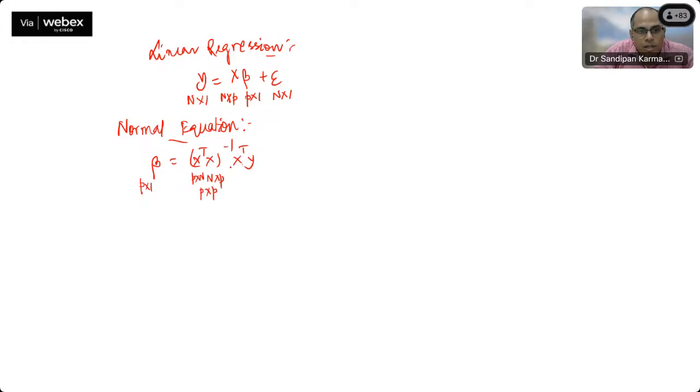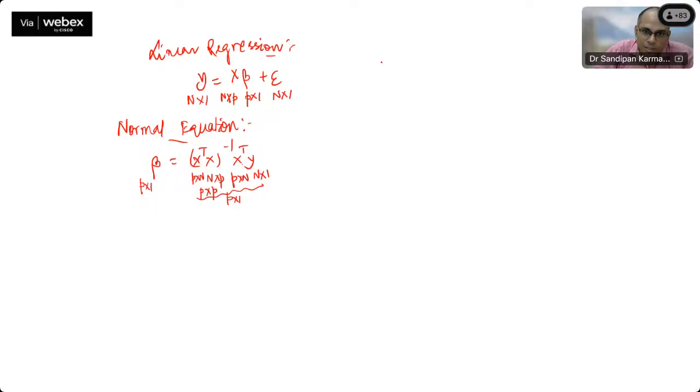Then X transpose is p cross n, and y is n cross 1. So p cross p multiplied by p cross n multiplied by n cross 1 finally becomes p cross 1.